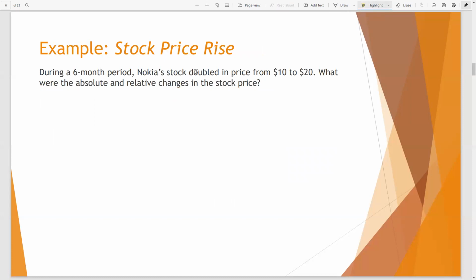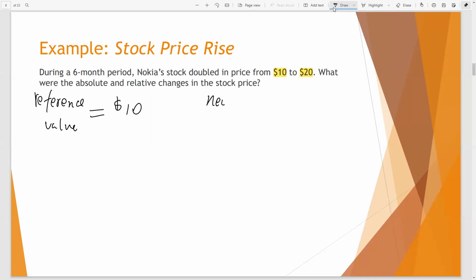Over a 6-month period, the Nokia stock price doubled from $10 to $20. What is the absolute change and the relative change in the stock price? So describe the changes. Now we need the reference value, that is $10.